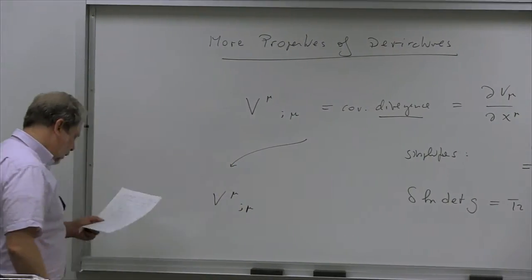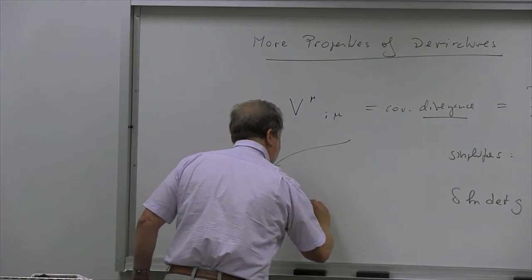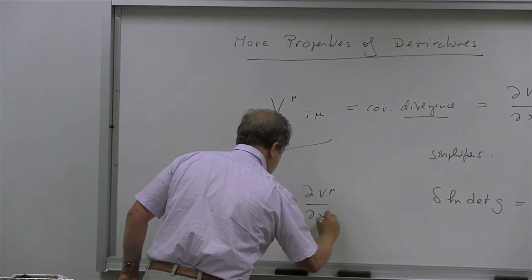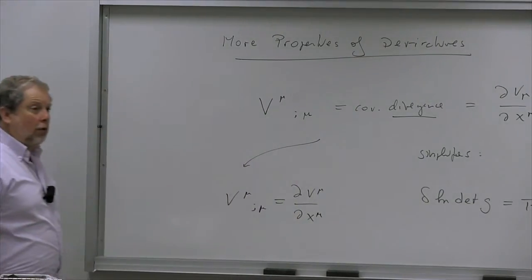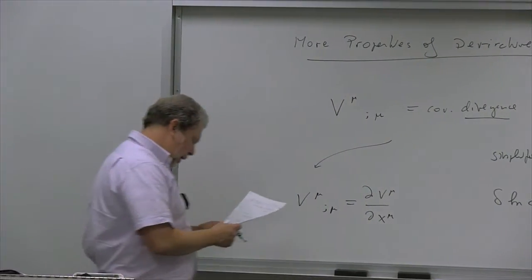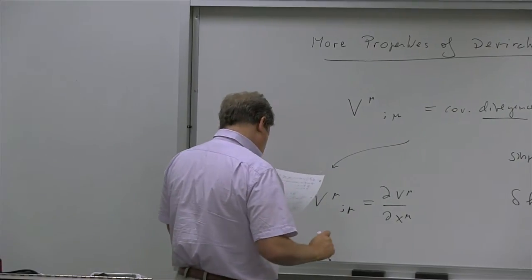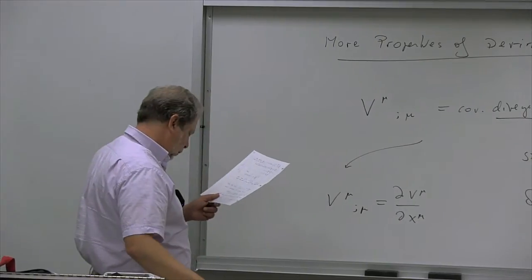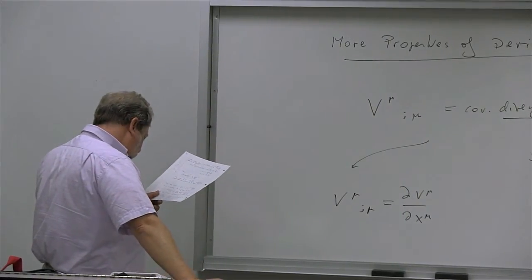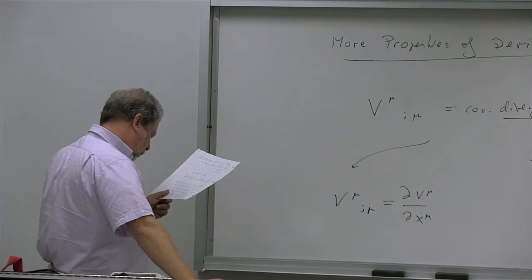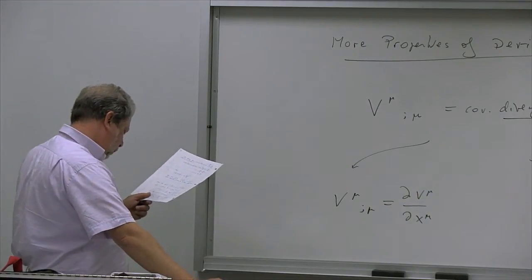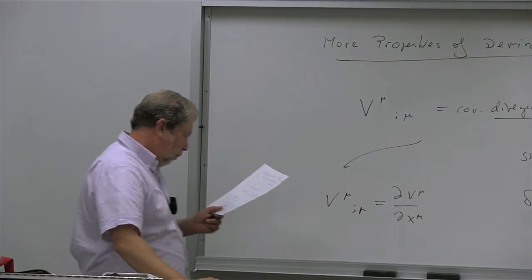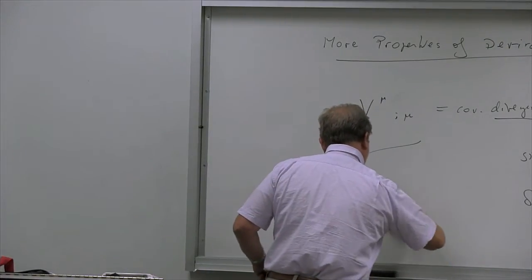So the covariant divergence is the ordinary derivative of v mu with respect to x mu, summed over, which is the ordinary divergence, plus another term, and you can combine those together.